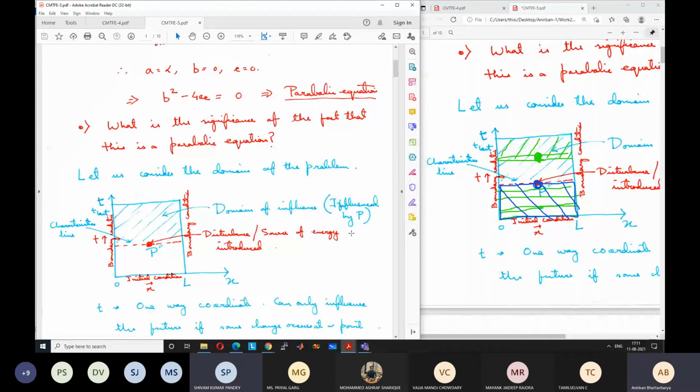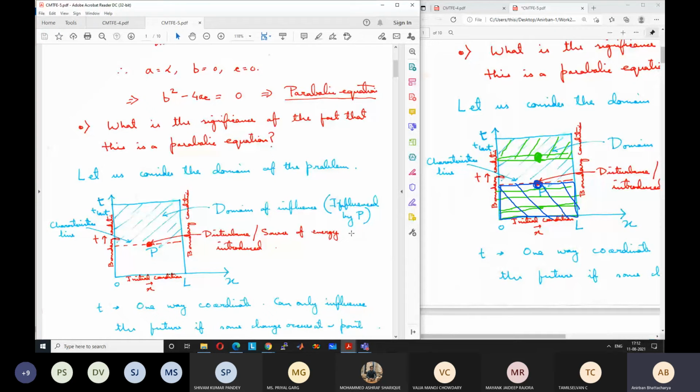So there can be two cases in a problem. The problem is independent of time. In that case, as I was saying, it can be an elliptical problem or a parabolic problem, depending on, say, that flow example I was giving. I will come to your question later, but let me first explain.